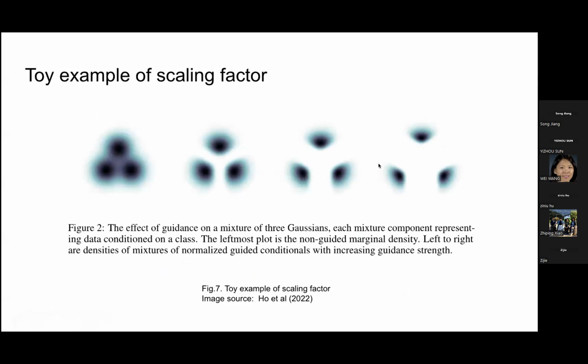With a larger gamma, those different class images become more separated from each other. So when you do the sampling, for example if we start denoising from a point around this area, then basically we will stay in this area. That's why we can generate higher quality but less diverse images.